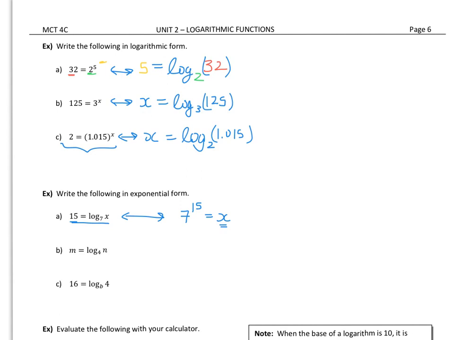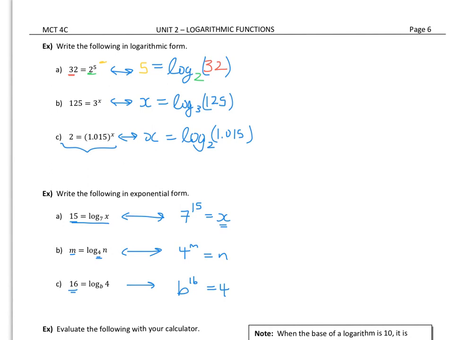All right, next one, our base was 4, so 4 is our base. The exponent is the m, and that is equivalent to n. So n is equal to 4 to the exponent m. The next one here, the base is b, the exponent is 16, and the answer was 4. So b to the exponent 16 is 4.